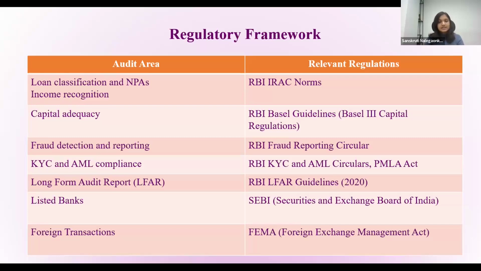For capital adequacy, we refer to the Basel III guidelines and RBI capital adequacy framework, which define the minimum capital requirements and risk-weighted assets and composition of Tier 1 and Tier 2 capital. And these regulations are issued by the Basel Committee and RBI.